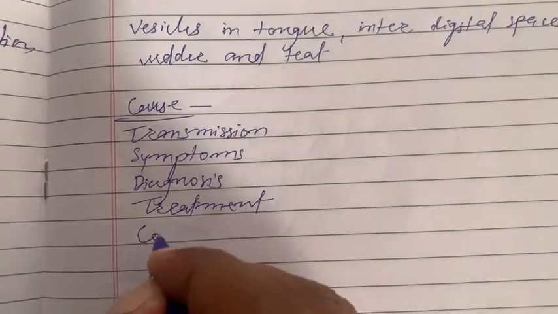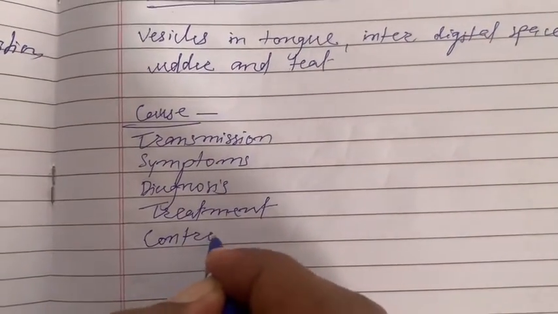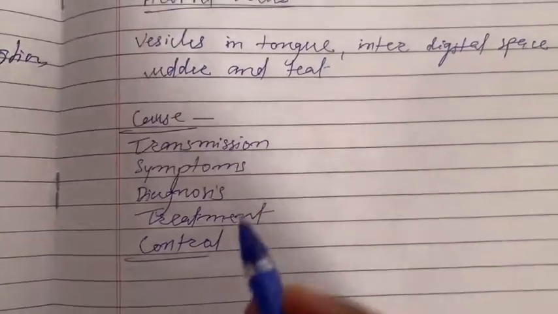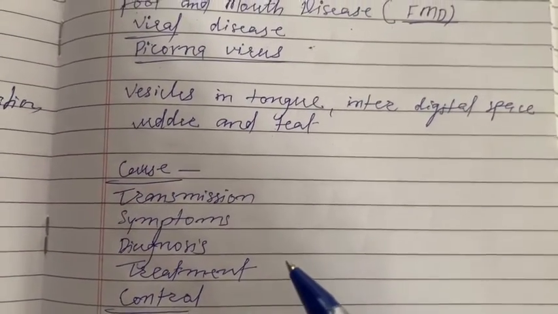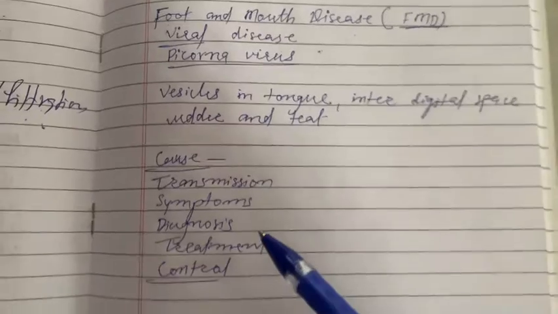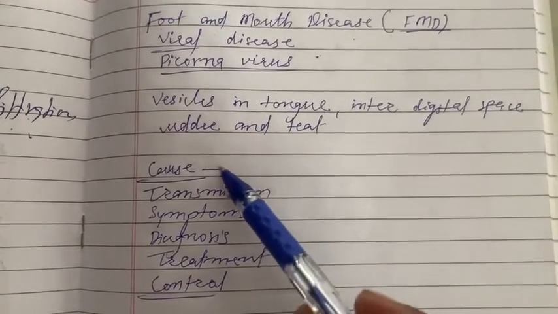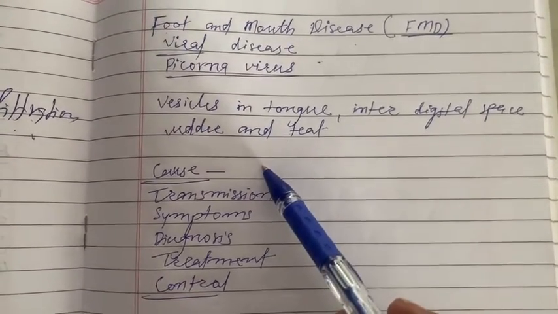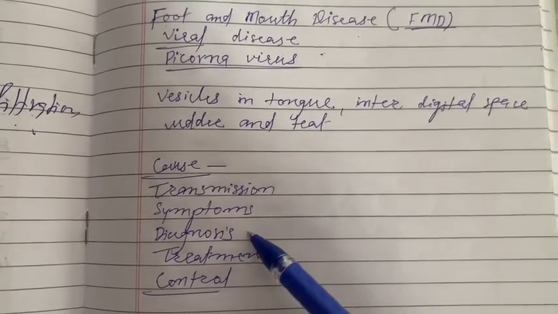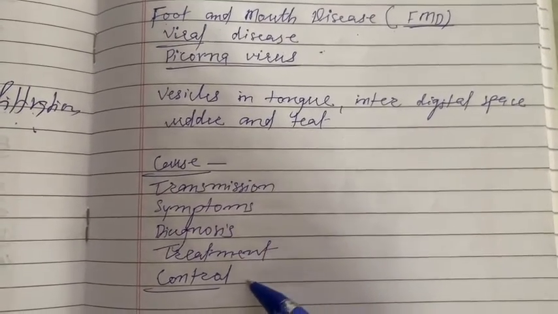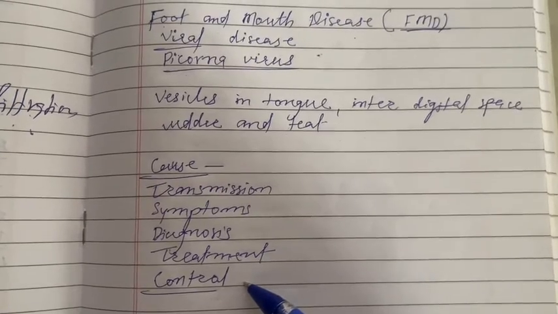These are the important points we have to consider while explaining a disease: first the cause, second the transmission, then the symptoms, diagnosis, treatment, and last but not least the control.